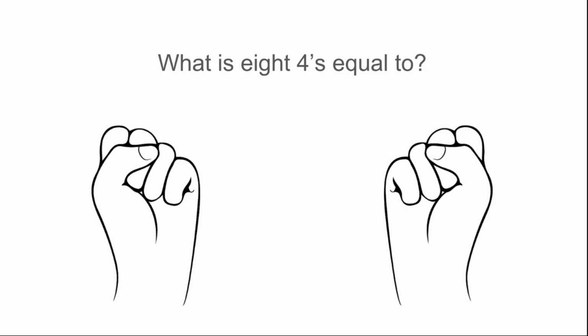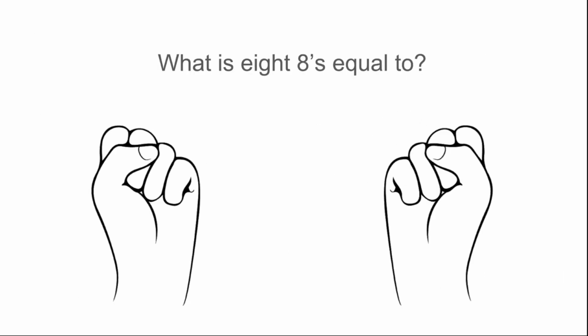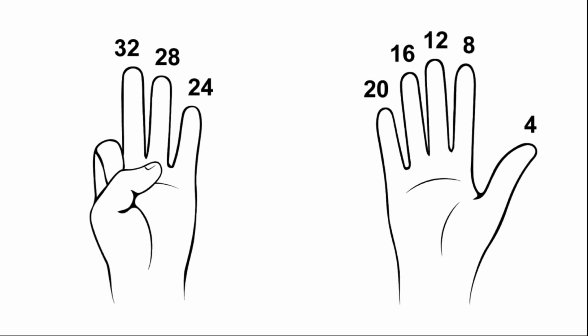What is 8 fours equal to? She is counting by fours up to 8 fingers. What is 8 eighths equal to? She is counting by fours up to 8 fingers, or 32, and doubling it to get 64.